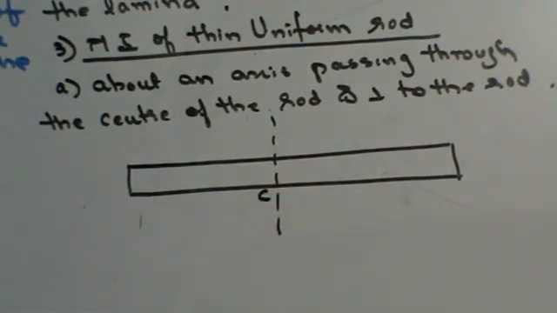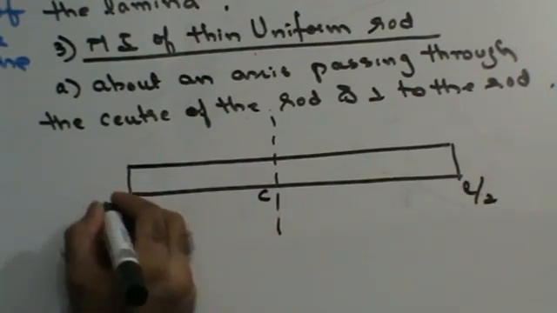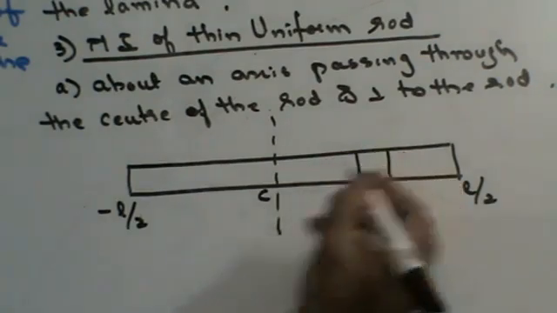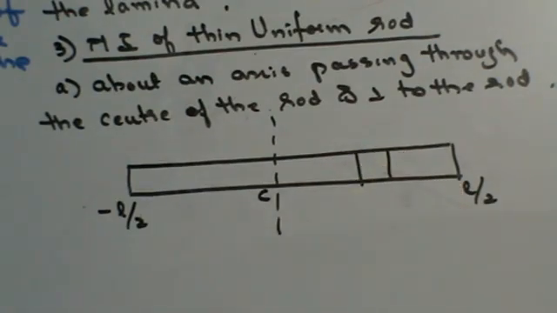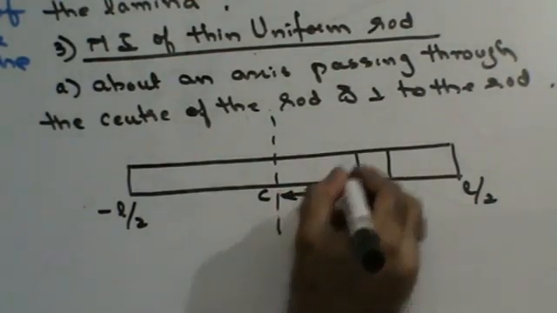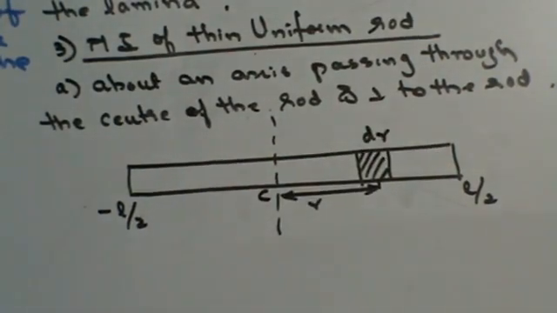If L is the total length of the rod, that means this will be L by 2 and this point will be minus L by 2. Let us consider a small element of the rod at a distance of r from the center. Let this element be dr.